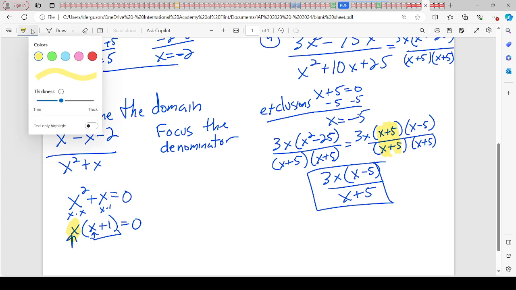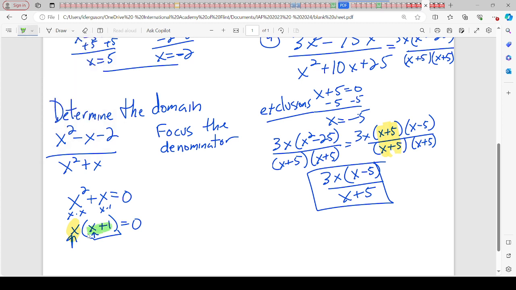It's being multiplied by this binomial here. So if I choose 0 for x, I'm going to get 0 times 0 plus 1. It doesn't matter that the inside is 1. It matters that the number on the outside is x, and x is 0, so then I get 0 times 1, so that'd be 0. And then obviously x plus 1, if x is -1, -1 plus 1 is 0.